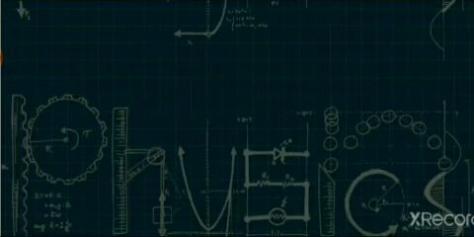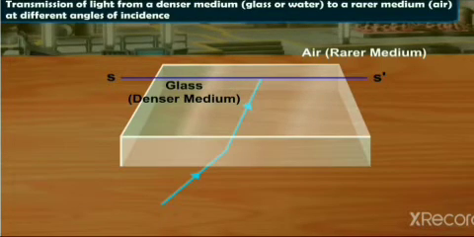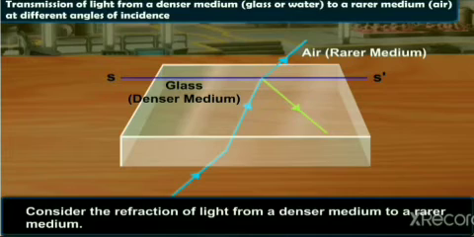Critical angle and total internal reflection. Transmission of light from a denser medium, glass or water, to a rarer medium, air, at different angles of incidence. Consider the refraction of light from a denser medium to a rarer medium.